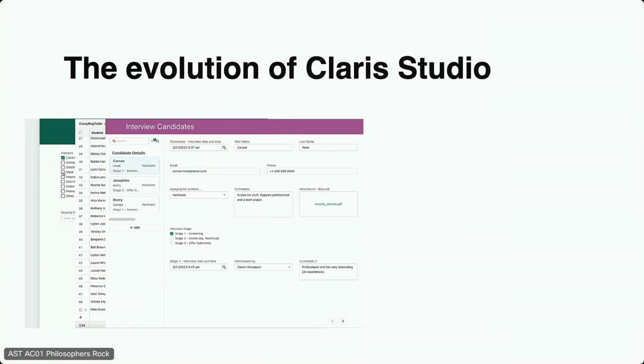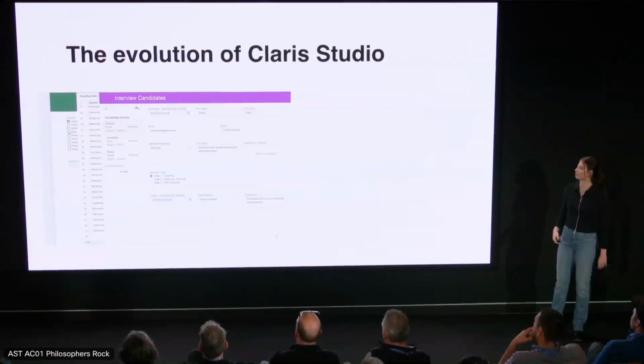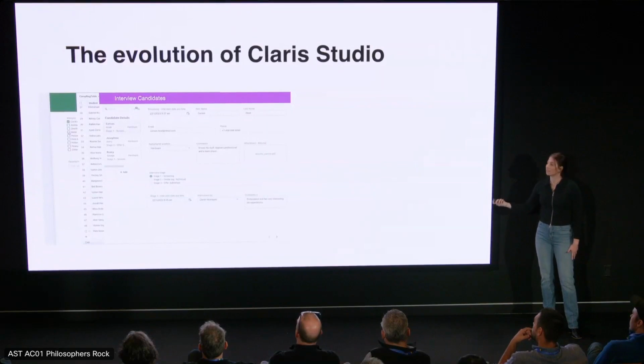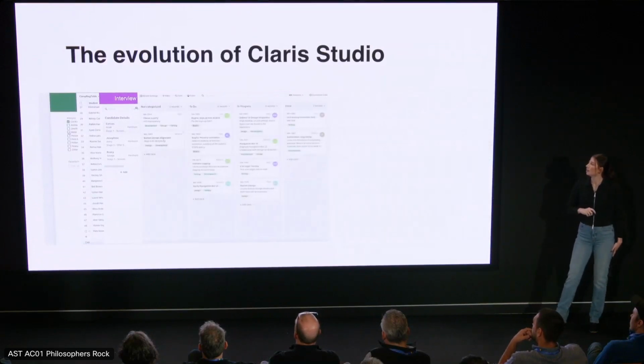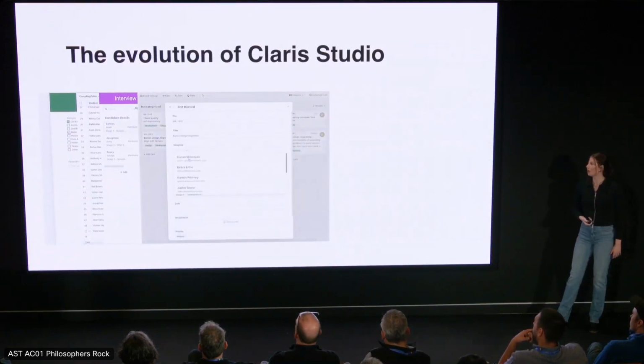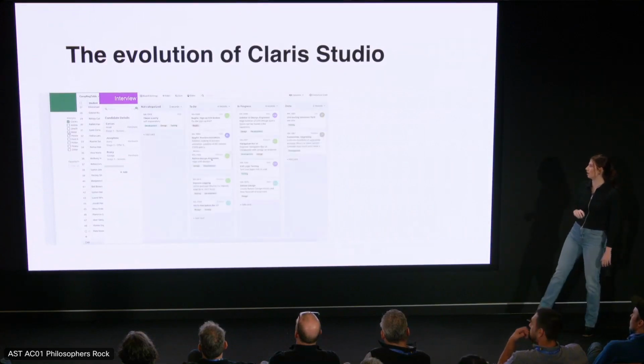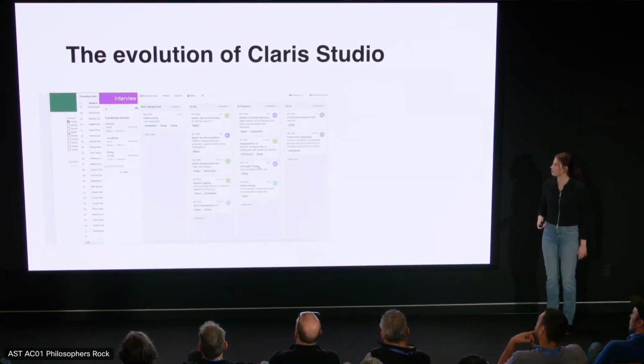So next came the list detail view. As you can see, it has the list of records on the right, and on the left populates with the details of the record. Then came Kanban view, which we use a lot, and as Remco showed as well, to visualize the progress of your project.